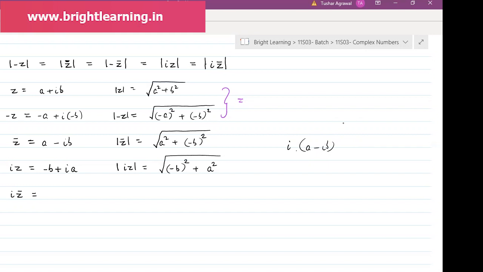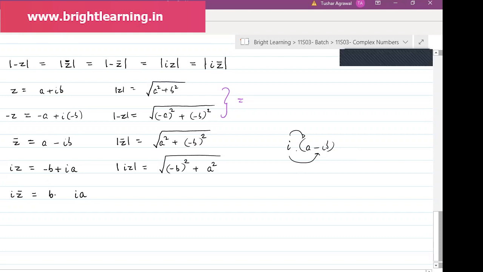So i times a minus ib will be what? i into a, that will be the imaginary part. And i into negative ib gives minus i square. Minus of i square means plus 1, and b is remaining. b plus ia. What will it become? b plus ia? Tell me.